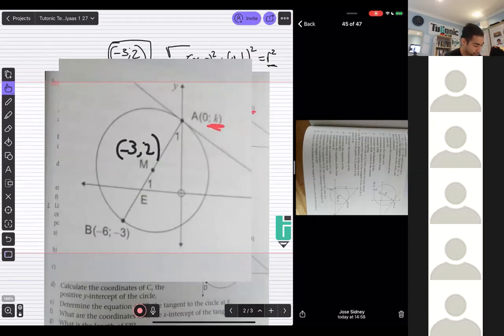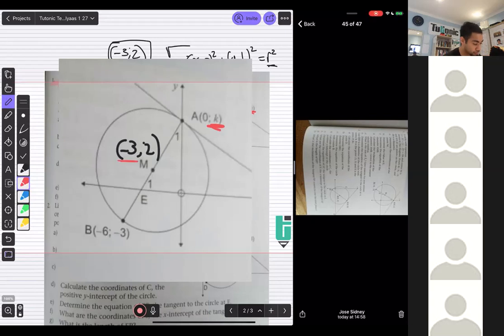So what would you do? You're going to say -6 plus 0 over 2 is equal to -3, and then cross multiply, which is great. So you know that's right. Then you do the same for y. You have -3 plus k over 2 is equal to 2, and then cross multiply and solve for k.